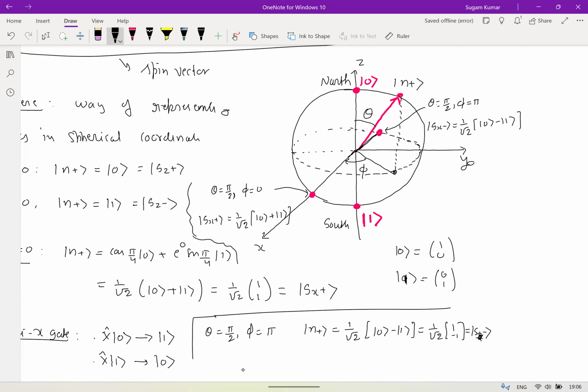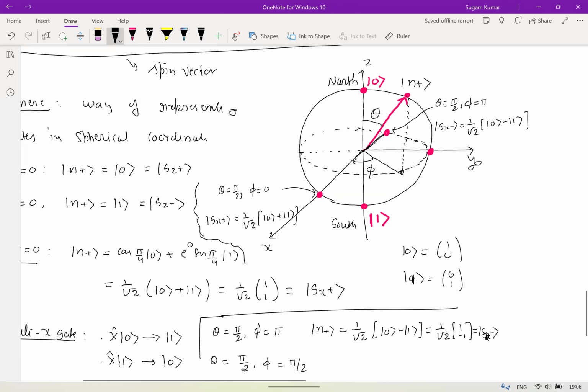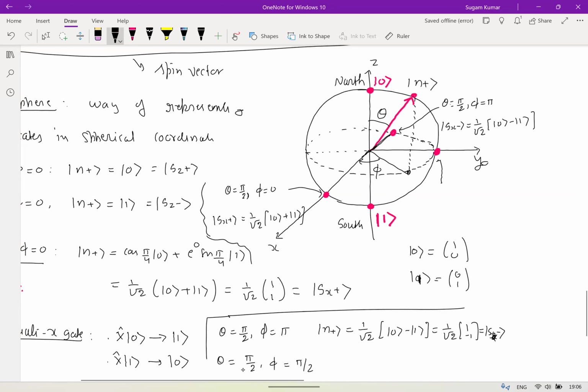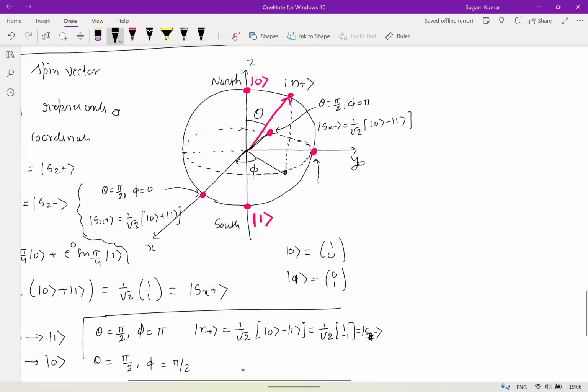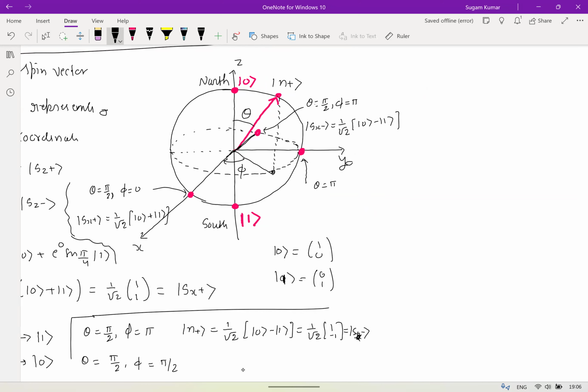Similarly, you can see when you are working at theta equal to pi by 2, but let us say phi is pi by 2. Then you are at this location, correct? Here. And I will just write down directly now. So this is the position where theta is pi by 2 and phi is equal to pi by 2.